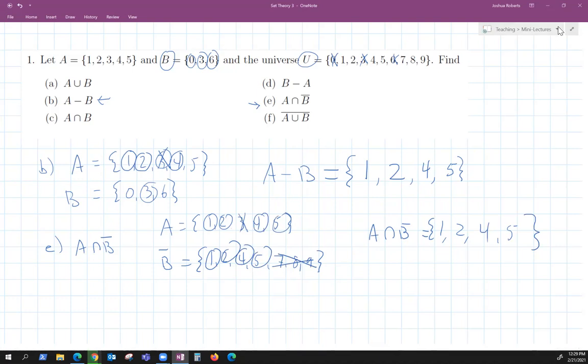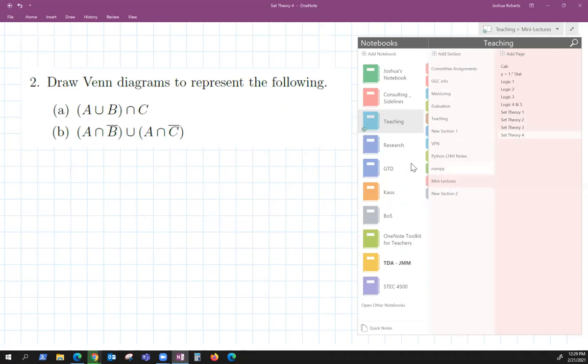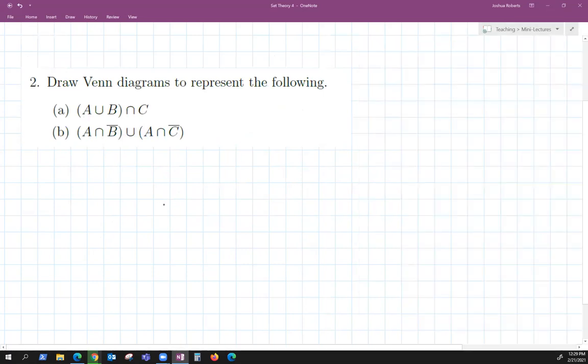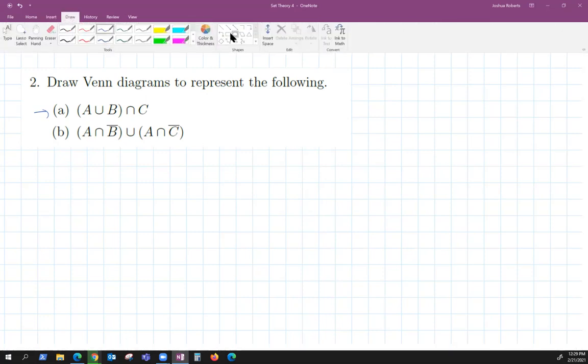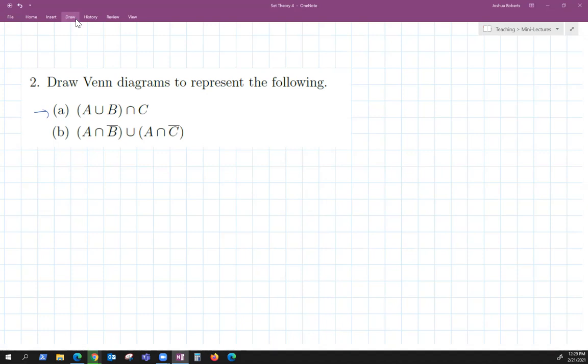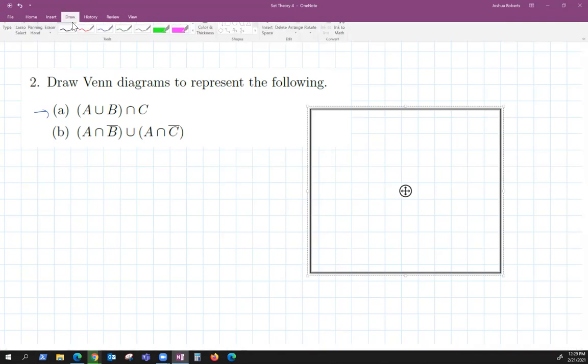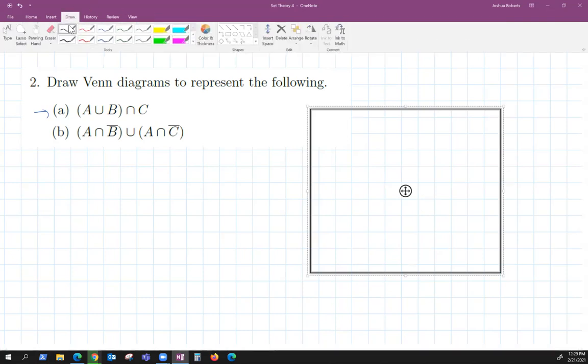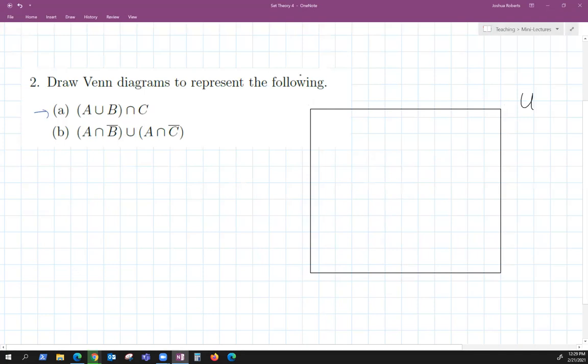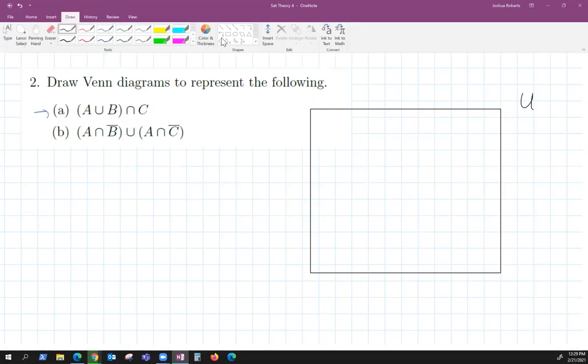And now we're going to go ahead and look at an example from drawing Venn diagrams. And I'm going to draw A. All right. So remember, the first thing you must do whenever you are doing a Venn diagram is you want to draw your universe. So there's my universe. I'll label it with a U. And I have 3 different sets.